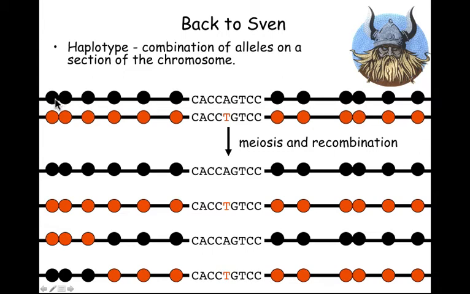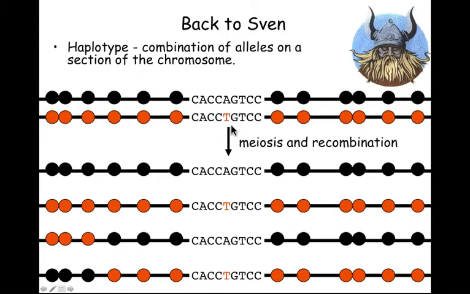What I've drawn here in these colors is a set of polymorphisms associated with the black chromosome, and a set of polymorphisms in red associated with this chromosome. So if we think about Sven's original allele, Sven was heterozygous, with one chromosome inherited from his mother in black and one from his father in red.